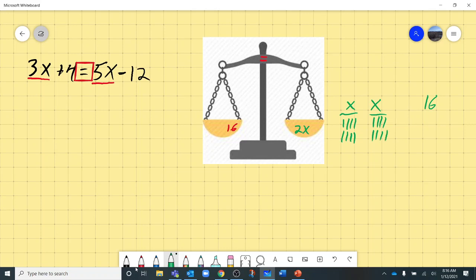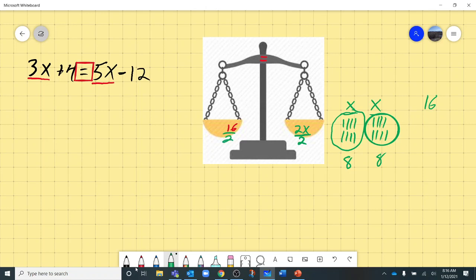Okay, and then we look and we see each x has 8 in it. So if each x has 8 in it, then 1x is equal to 8. Okay, 2x's is equal to 16, 1x would be equal to 8. The way we show this mathematically is division. We divide that by 2, and we divide that by 2.